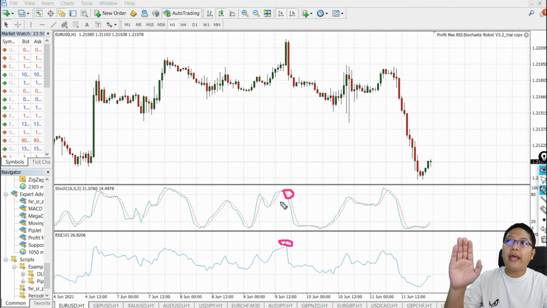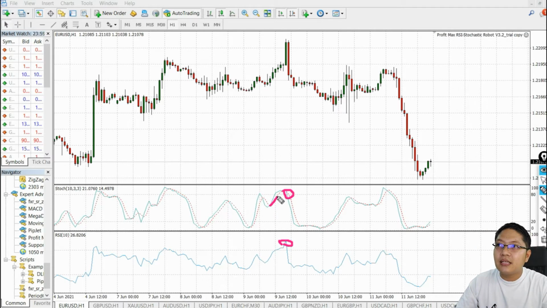But you don't enter the moment that this indicator, let me lighten my pencil, starts crossing your 80 level. What you need to do is clear this up first.